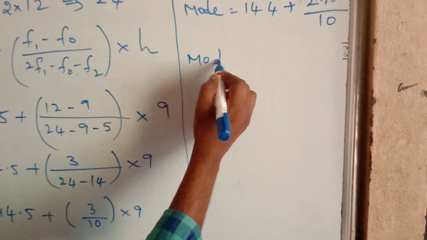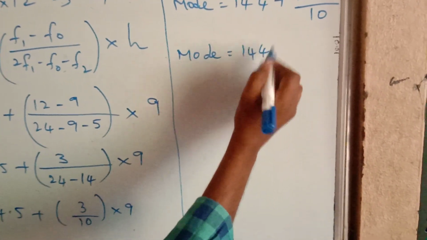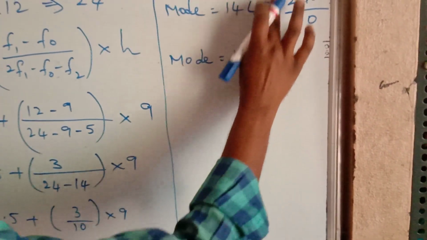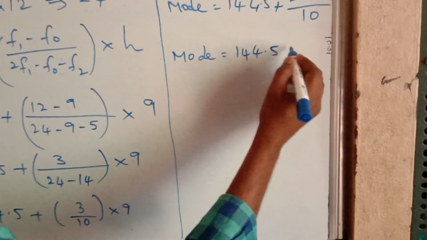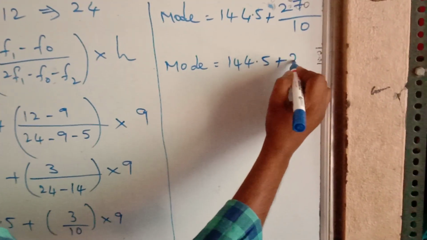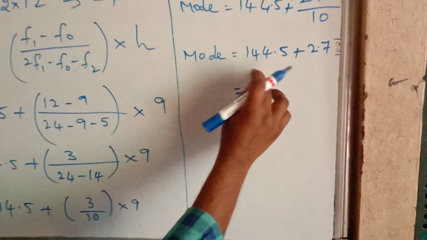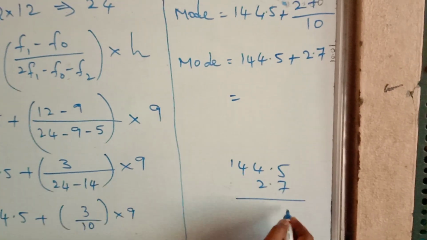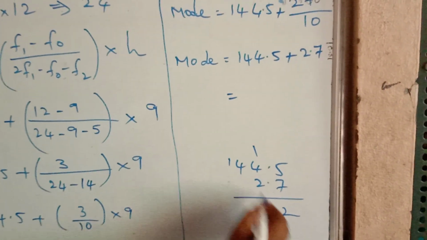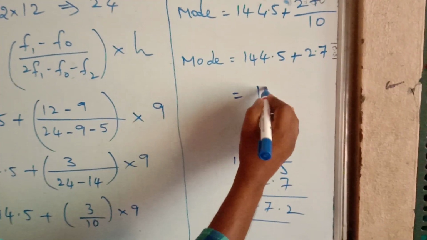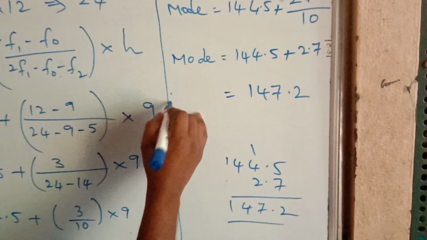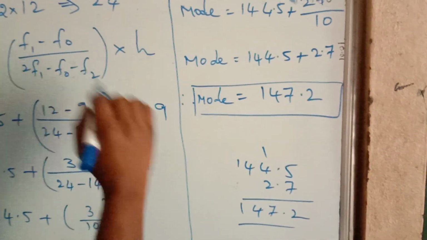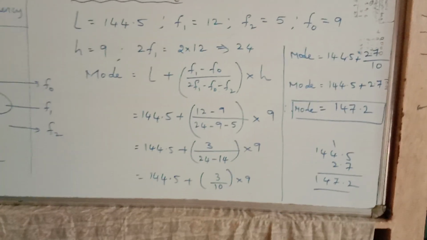Therefore the mode equals 144.5 plus 27 by 10, which is 2.7. Adding 144.5 plus 2.7 gives 147.2. So the mode equals 147.2. This is the mode of the given data.